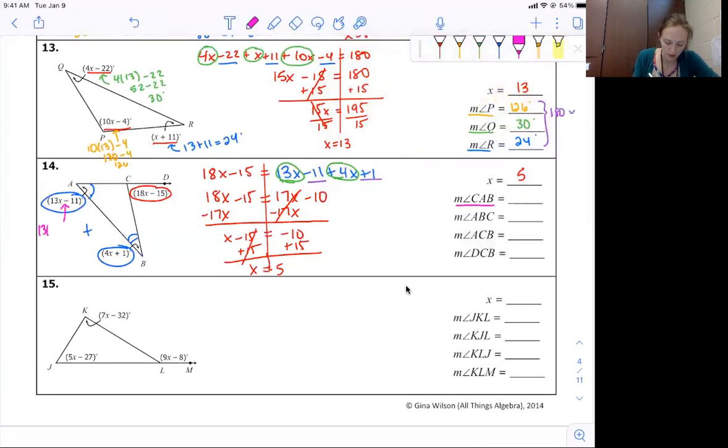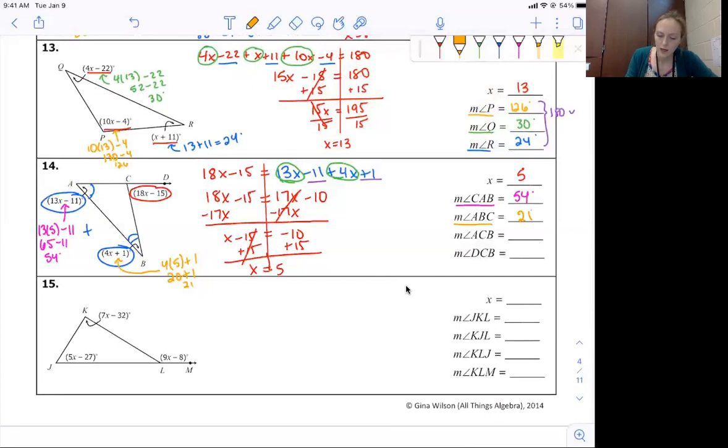So I do 13 times 5 minus 11. 13 times 5 gives me 65. Minus 11 gives me 54 degrees. Next up, it says to find angle ABC. Angle ABC is this little guy right here. I'm going to do 4 times 5 plus 1. 4 times 5 is 20, plus 1 is 21.